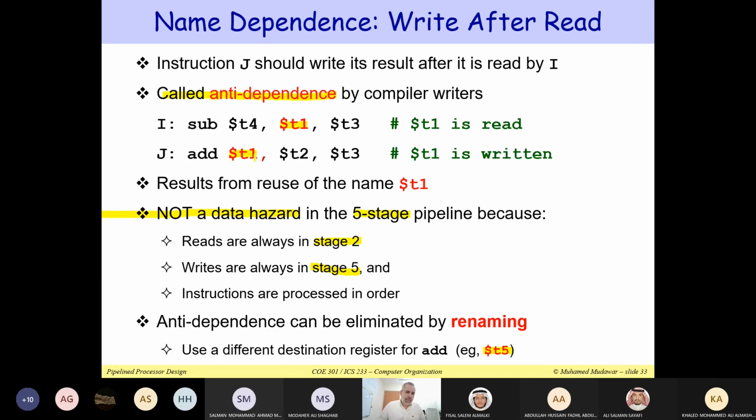So if you rename this register as T5, then I and J will be completely independent, and therefore they can execute even in parallel, or in whatever order. So that's known as a name dependence.